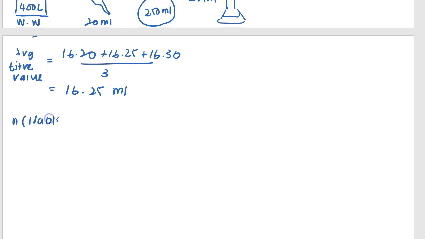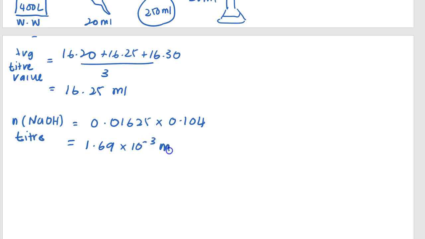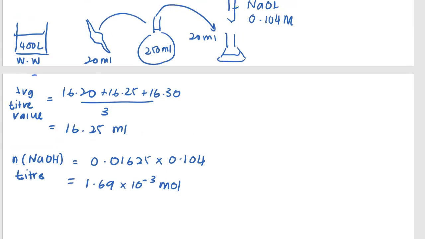Make sure you write everything clearly. Convert your ml to liters, so you get 0.01625 multiplied by 0.104, the concentration of the sodium hydroxide. You get 1.69 times 10 to the power negative 3 mole.